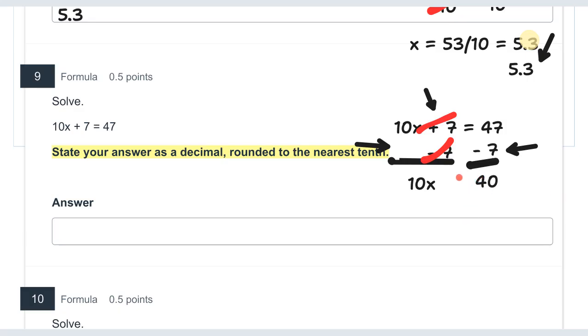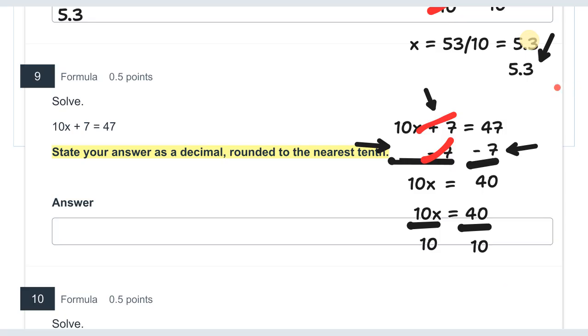And because I did the same thing to both sides, I can put the equal sign between them. Now when I have 10x equals 40, I divide the left side by 10. I'm also going to divide the right side by 10.